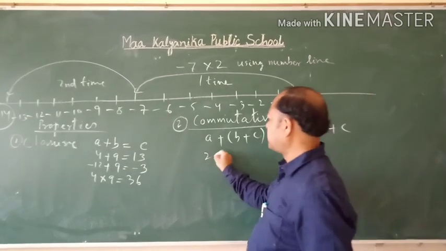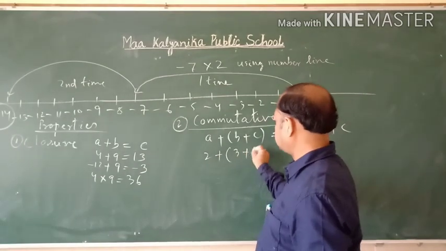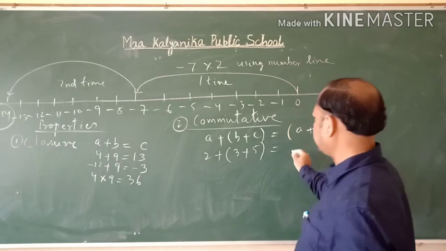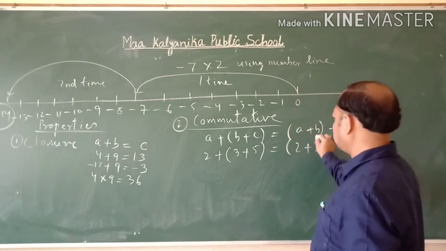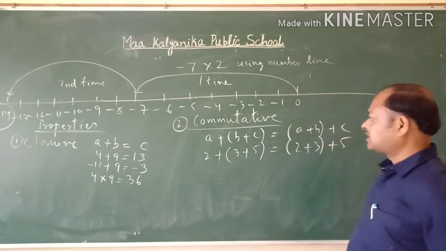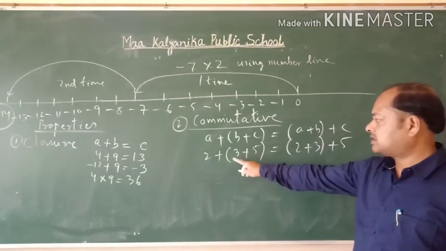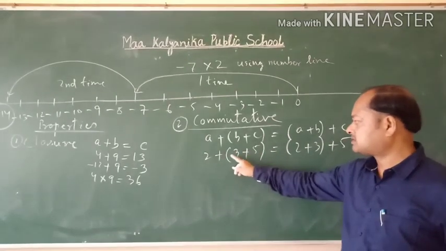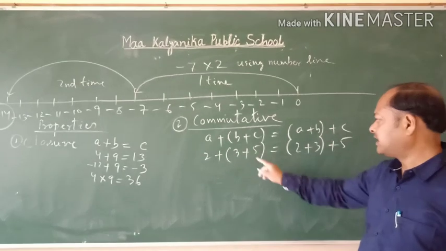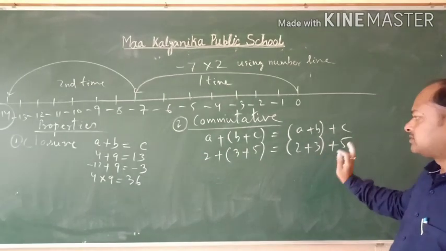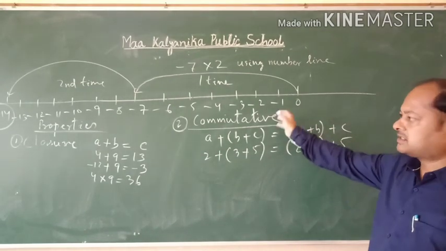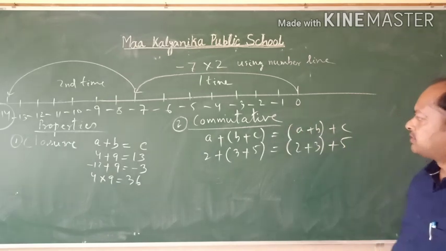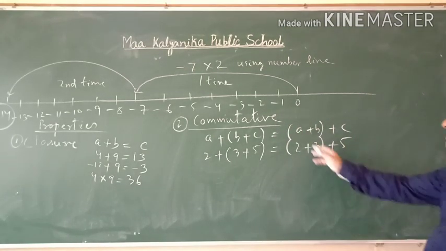For example, 2 plus 3 plus 5, we can write like this: 2 plus 3 plus 5. In both cases, the values are the same. So the left hand side, 2 plus 3 plus 5, is 10, and 2 plus 3 plus 5 is also 10. So LHS equals RHS. So it applies for integers. So this is the commutative property for addition.